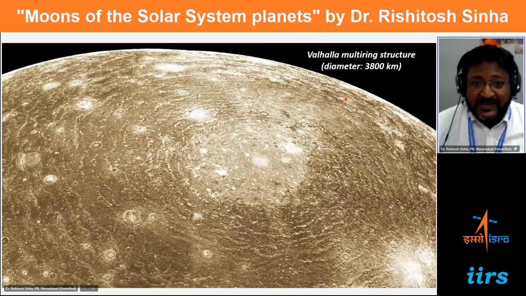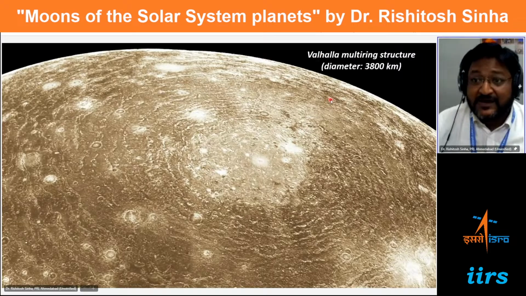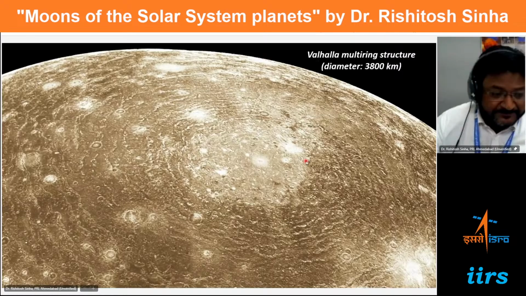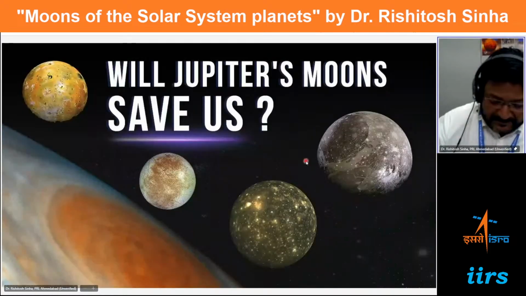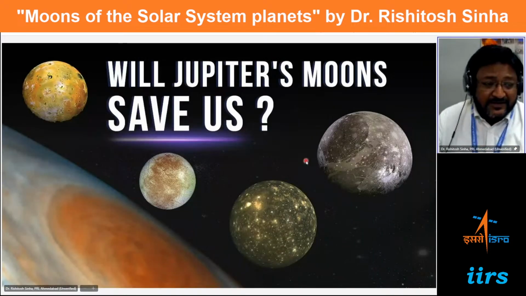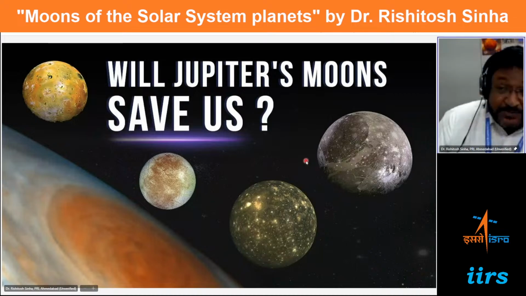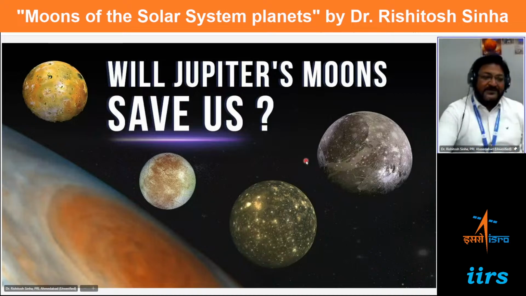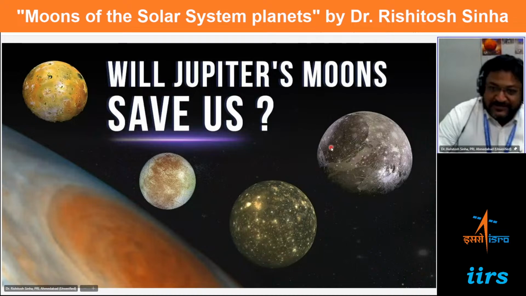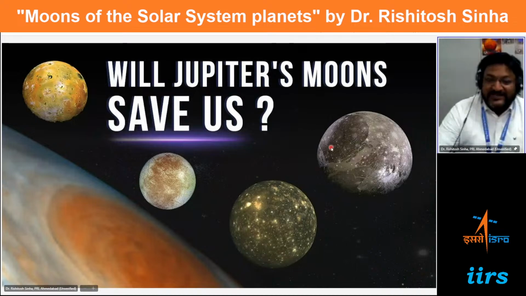And you see, not only craters, there are large multi-ring structures also. This is one example of a multi-ring structure called Valhalla, which is there on the surface of Callisto. So that's why I'm asking this question: will Jupiter's moons save us? There is a notion, there is science fiction, that maybe these moons have got some basic ingredients, the essential ingredients required for sustaining life.